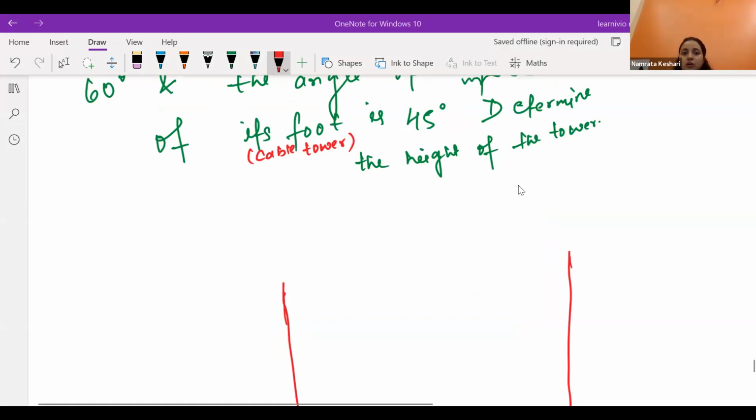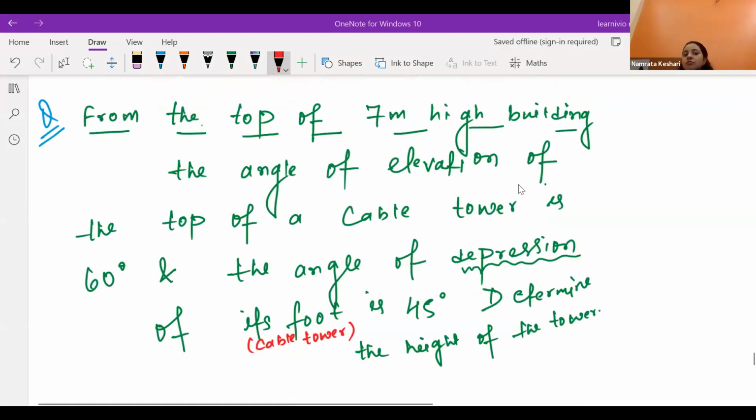So for now, suppose we are not getting which one is higher than the other one. We understood that there is a building and there is a cable tower. Now it says that from the top of the 7-meter high building, the angle of elevation of the top of the cable tower is 60 degrees. How will we draw the angle of elevation?